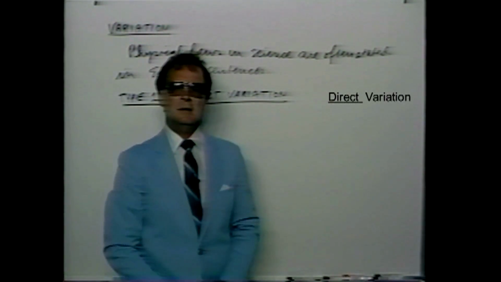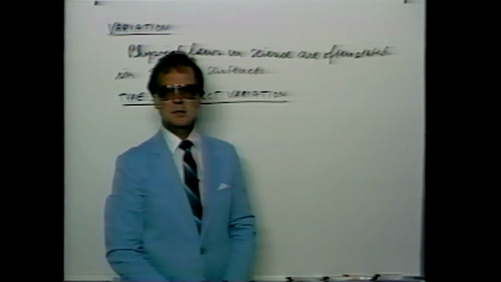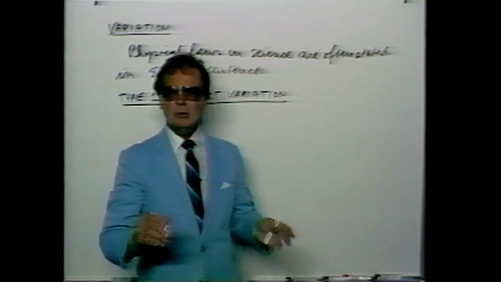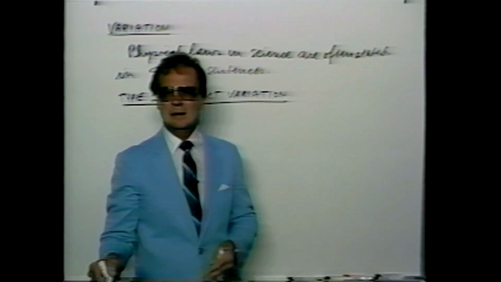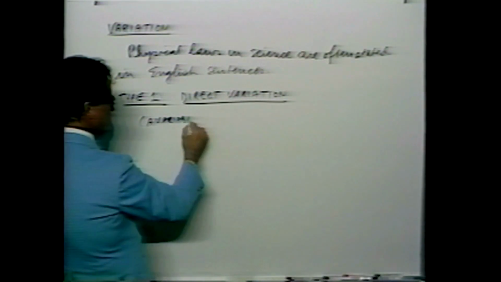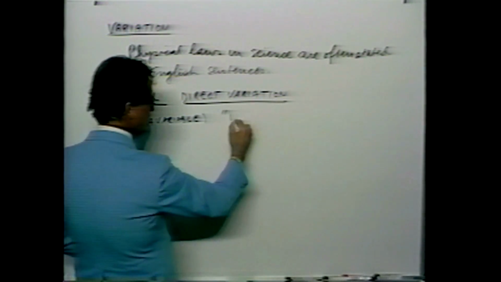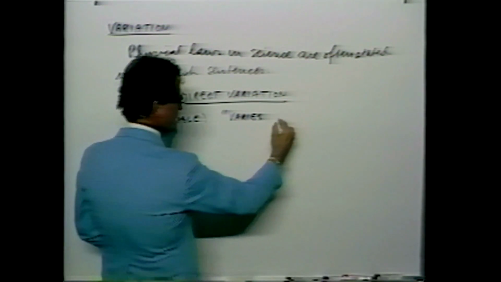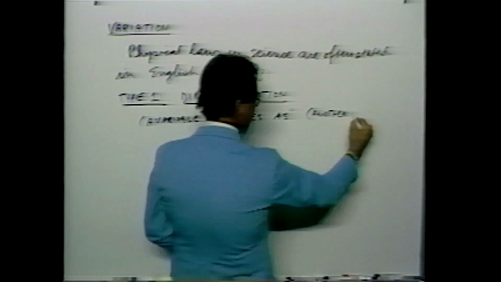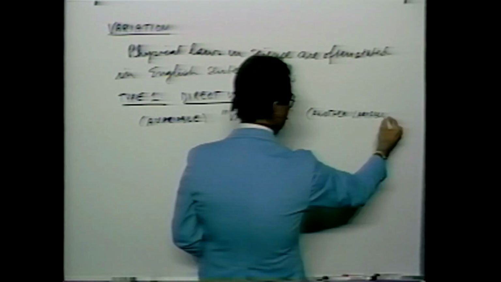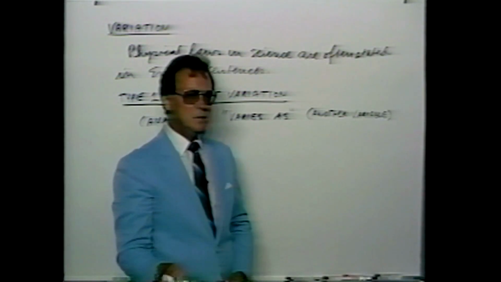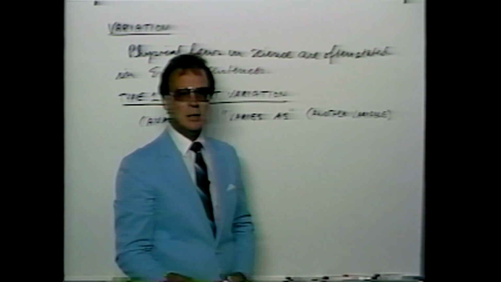The key phrase in the sentence dealing with a physical law is that some variable in it, quote, varies as, end of quote, another variable. There are several other phrases which essentially mean the very same thing, that is, direct variation.